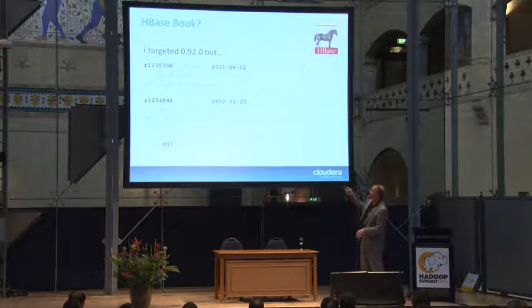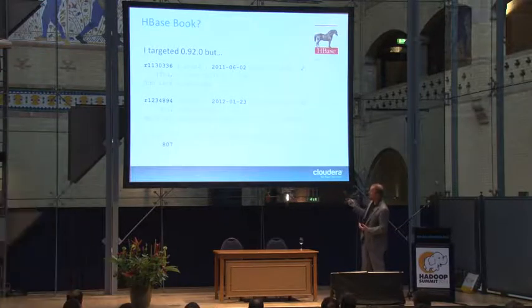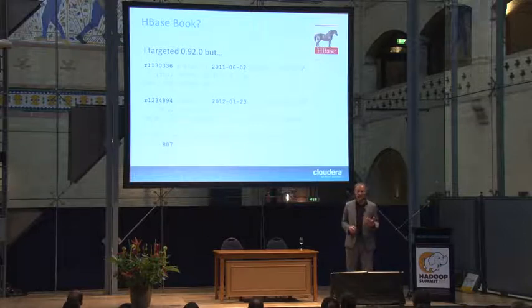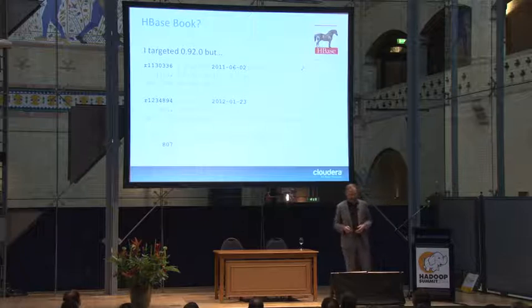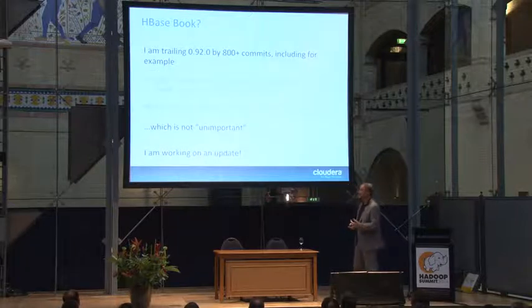That's the date, that's the release, or the revision number in the repository. And as you saw earlier, beginning of 2012, 92 was released. In between, if you do the math, if you run that command, between the two revisions, I'm lacking 800 commits. And 800 commits is a lot. There can be a lot of small things, but also quite a few bigger things. So I'm trailing by 800 commits.